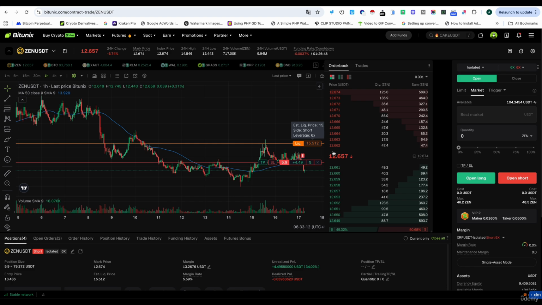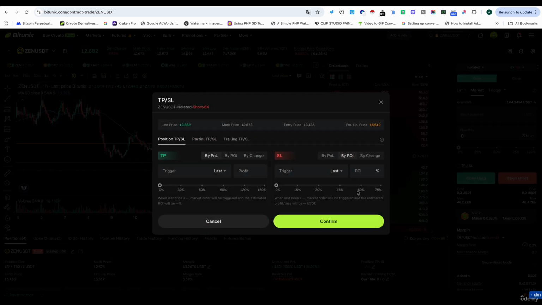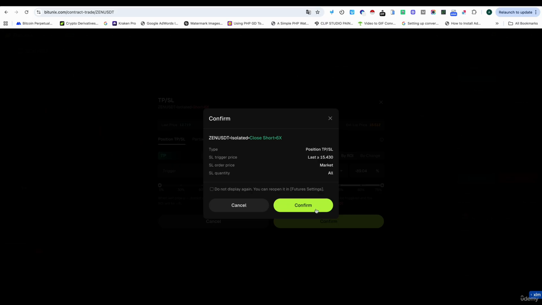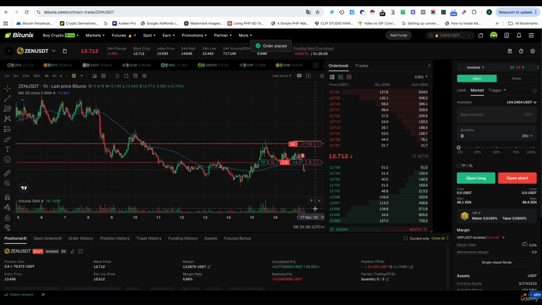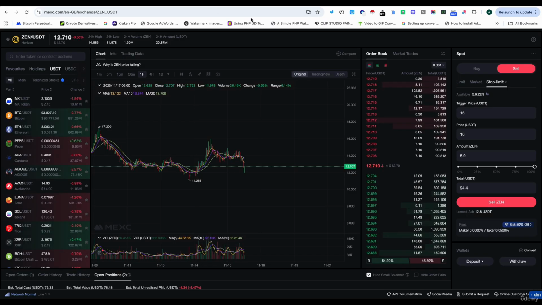Now let's input the stop loss. On the short side, set your stop loss to 15.43. Then switch to the spot exchange and set your take profit at the same level. Click sell, then choose stop limit.